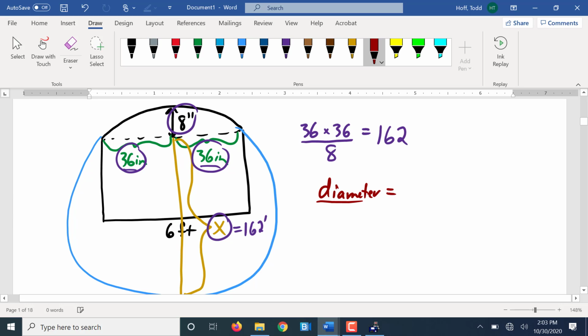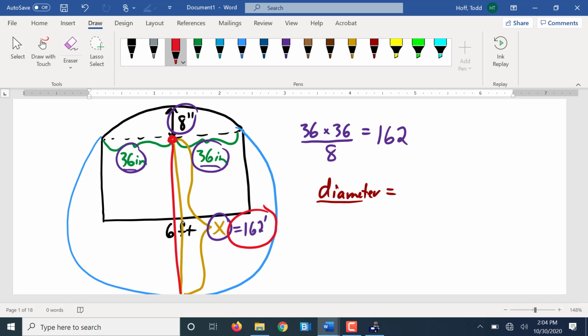Now from this, we can find the diameter of the circle. What's the diameter of the circle have to be? Well, it's 162 inches from here to here, but that's not all the way across the diameter, is it? 170, there we go. That was the 162 plus the 8.